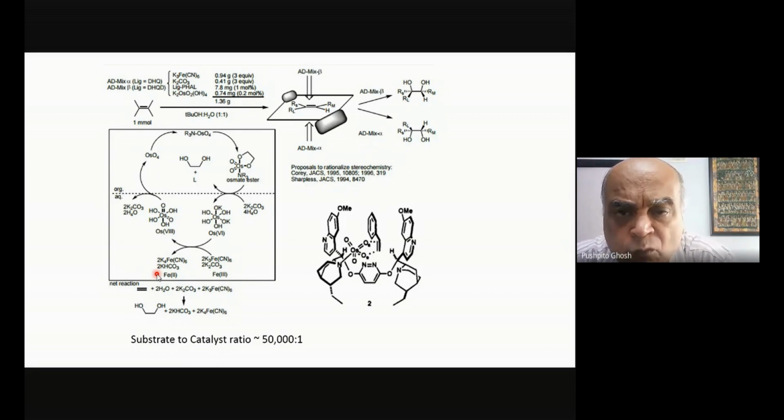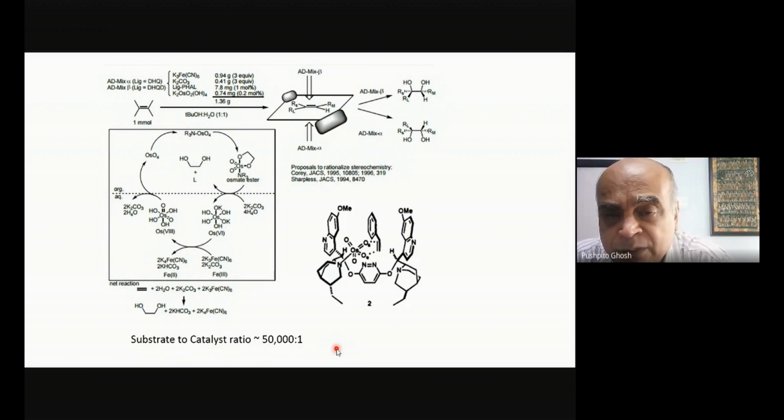Now, look at the impact of this work. By doing this, Sharpless was able to carry out asymmetric synthesis with a substrate to catalyst ratio of 50,000 to 1. Already we have seen that Noyori was able to reach some figures of 10,000 to 1.